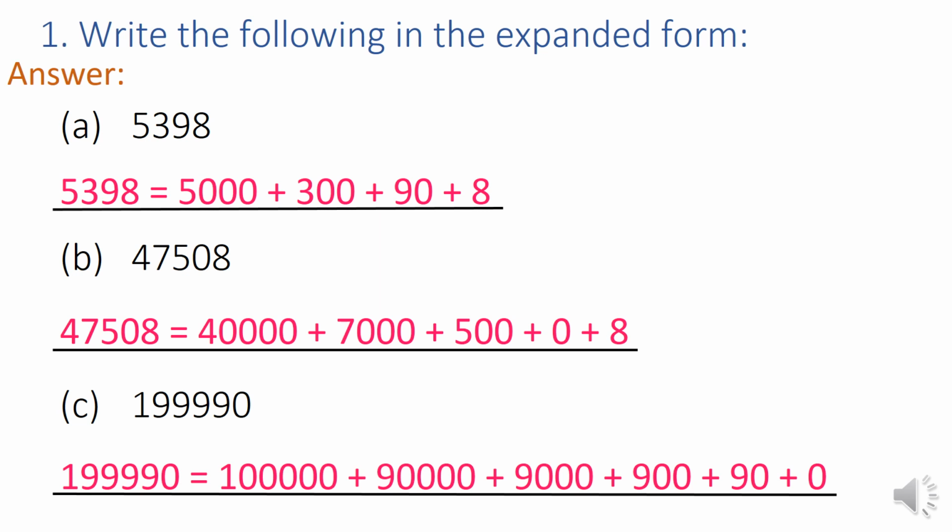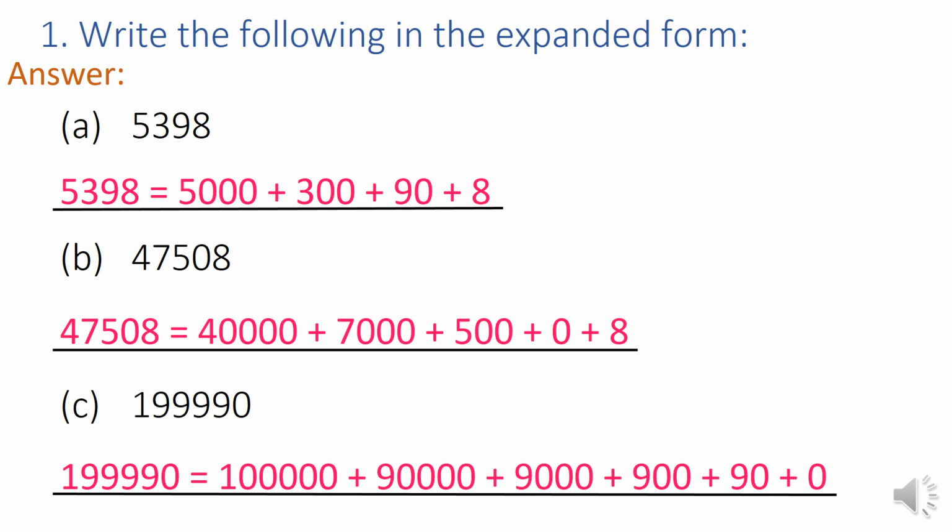Okay. Our next sub-question is, write the expanded form of 1,99,990. 1,99,990 has 1 lakh, 9 ten thousands, 9 thousands, 9 hundreds, 9 tens and 0 ones.